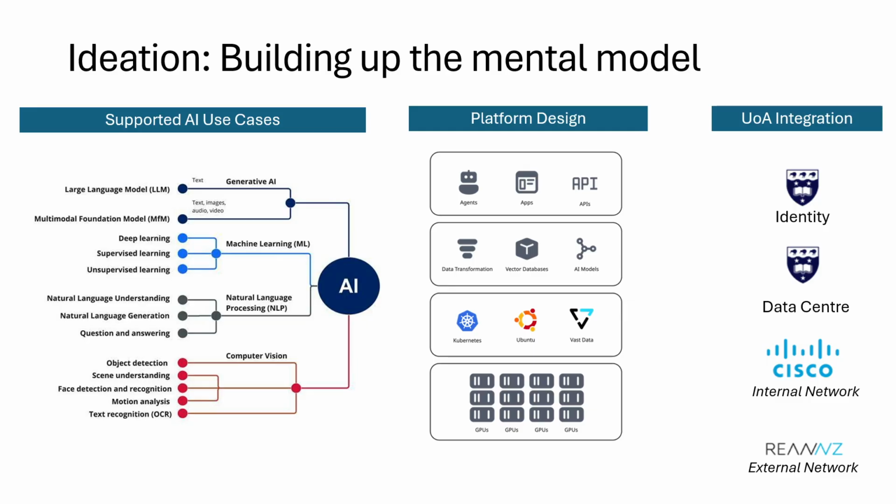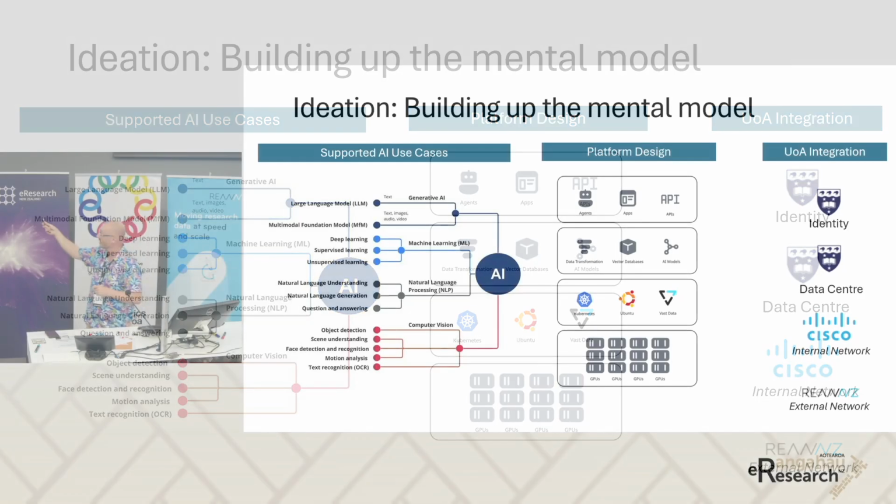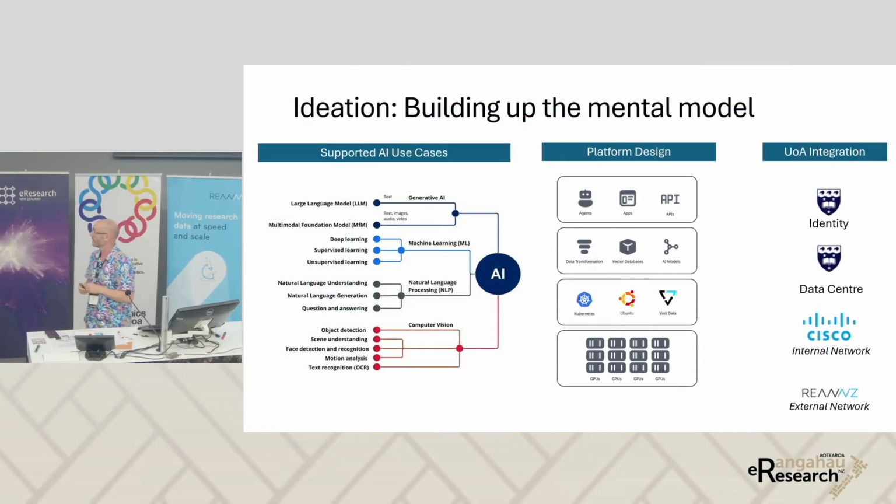In the middle, of course, what we're thinking about is buying some GPUs. We've been through a procurement phase, but the software piece is quite interesting. So, okay, Kubernetes, Linux, which is Ubuntu, and VAST storage. The storage piece was already at the university, and so how do we link all of this together? So thinking about how we build a cohesive piece.